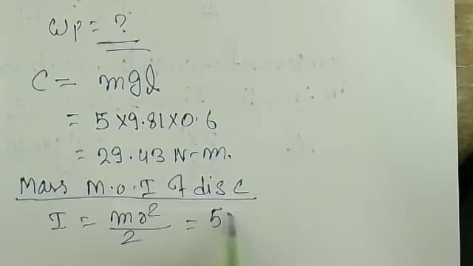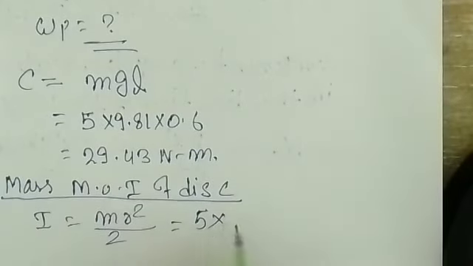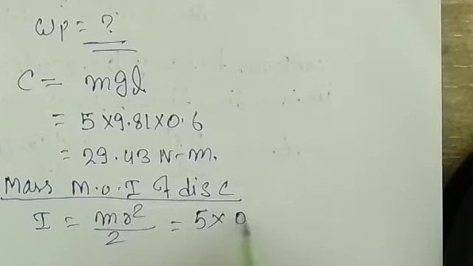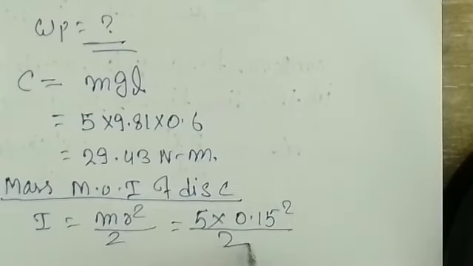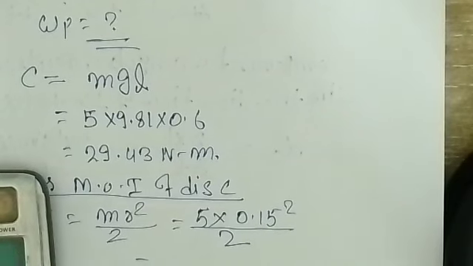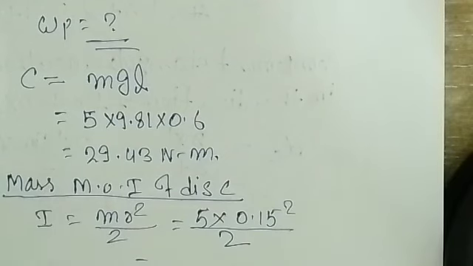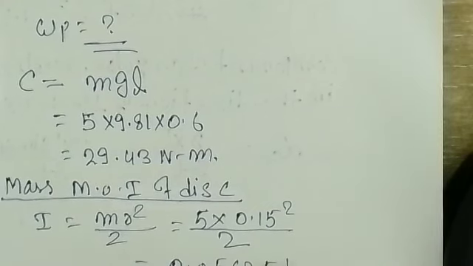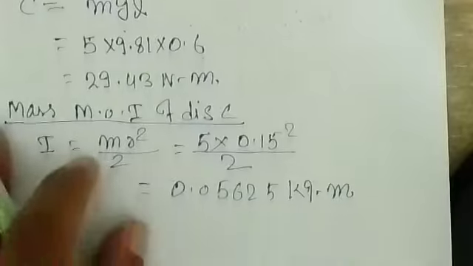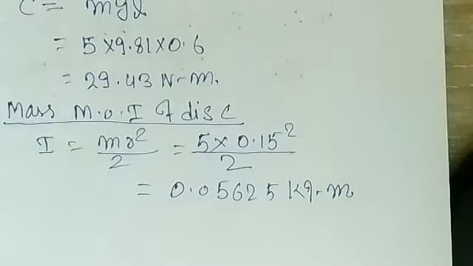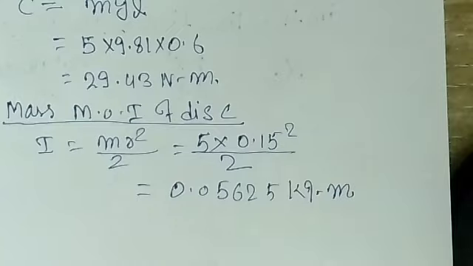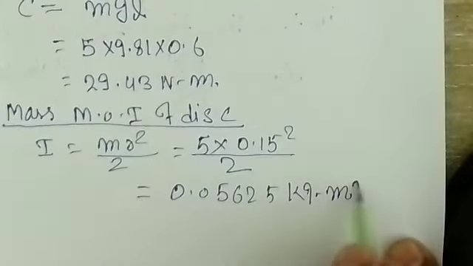M is 5, and R is half of D, which is 0.15. So I is 5 into 0.15 whole square by 2, which is 0.05625 kilogram meter square. We got this mass moment of inertia.